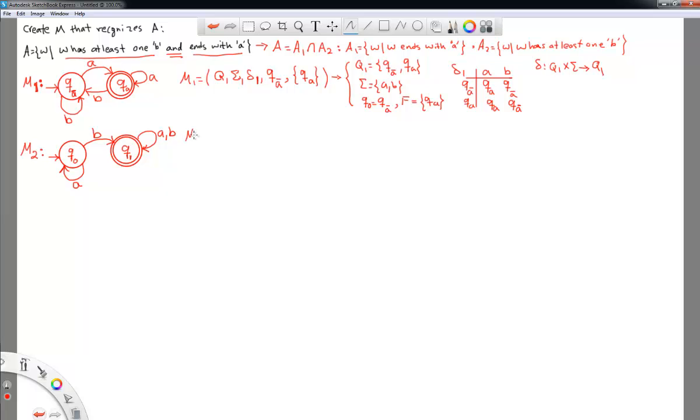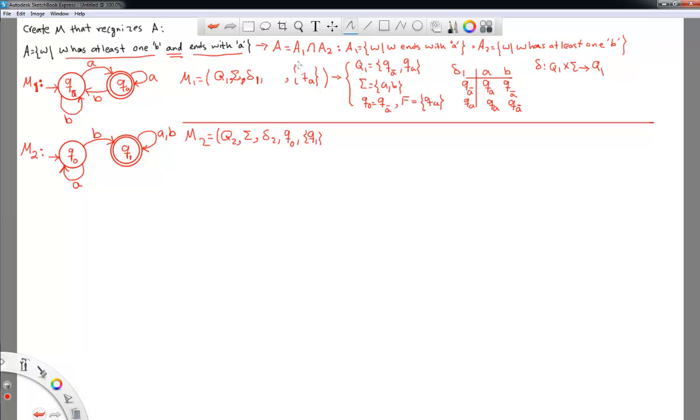How about M sub 2? Actually, let me just draw a line here as well. So M sub 2 is going to be Q sub 2, sigma, delta sub 2, Q 0, and the set Q1. Actually, I probably should reformat these.